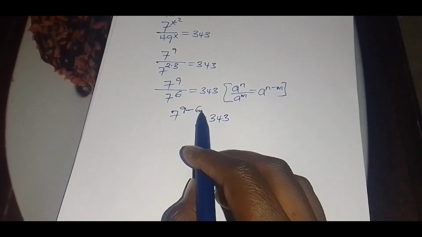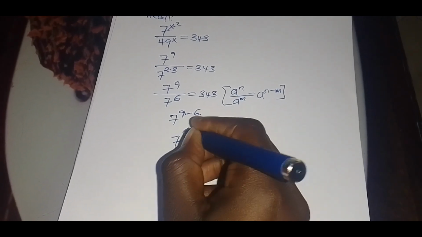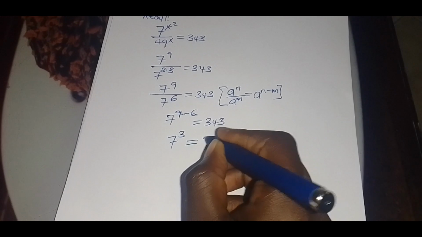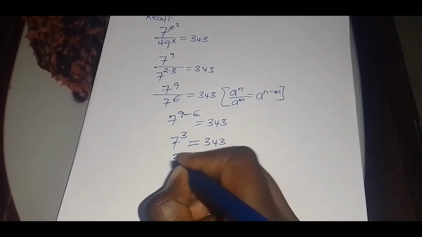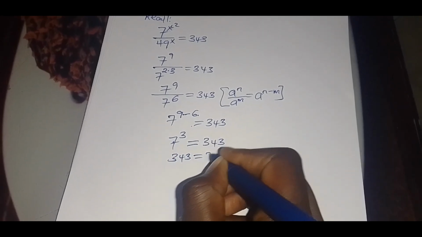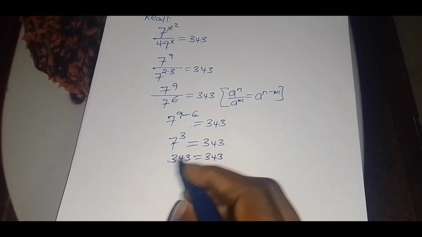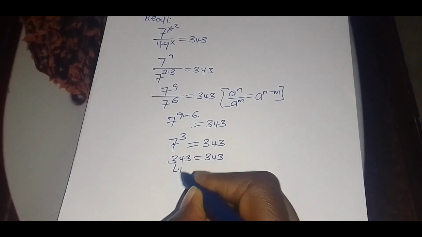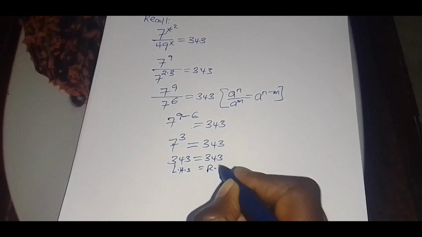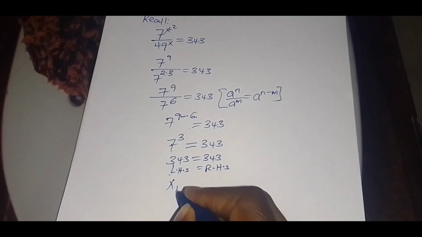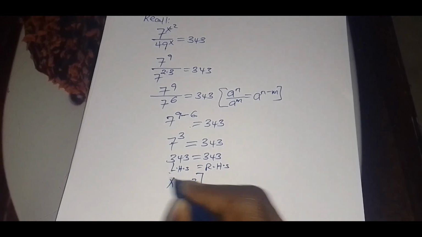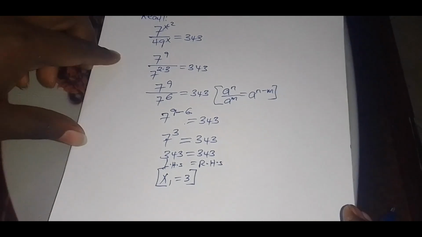If you say 9 minus 6, this is 3. You'll have 7 raised to power 3, which is equal to 343. So that means, of course, the left hand side is equal to the right hand side. Okay, so that means the first value of x, which is 3, satisfies the equation.